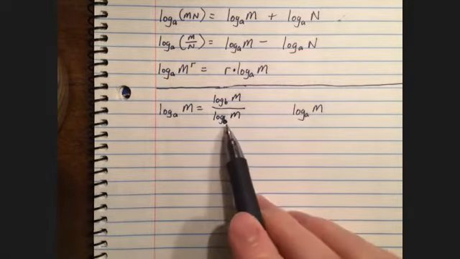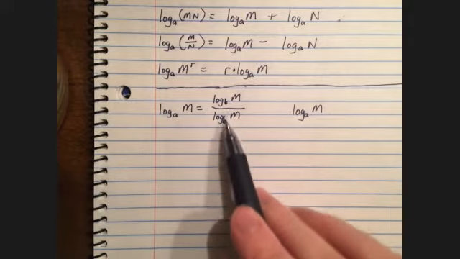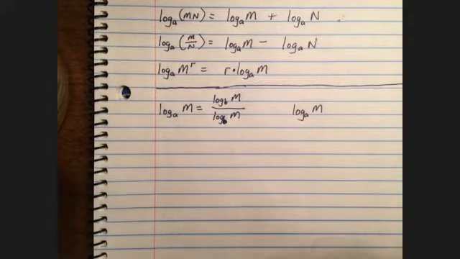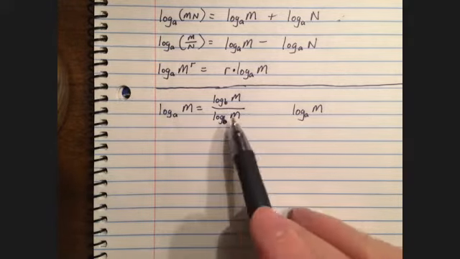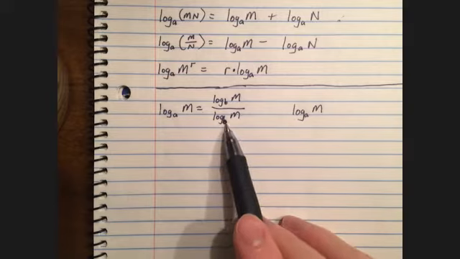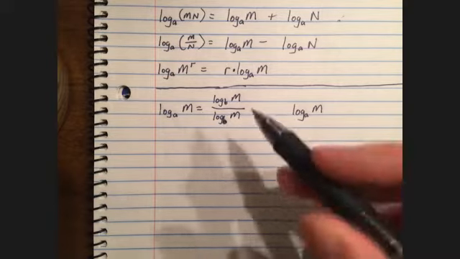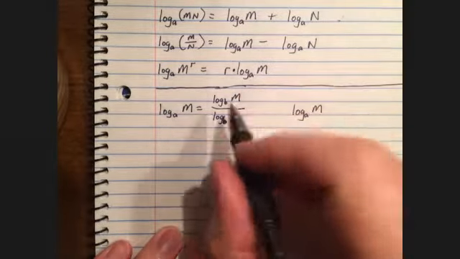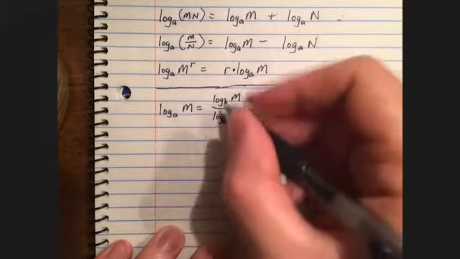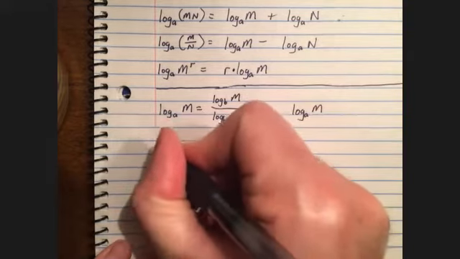You could actually change these bases to whatever you want, as long as they can't be negative, can't be 0, can't be 1. Anything above 1, you can change these bases to. I'm sorry, I had it messed up, let me rewrite it right here so you can see it.